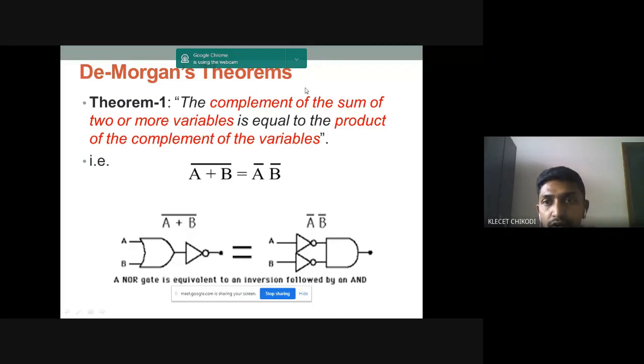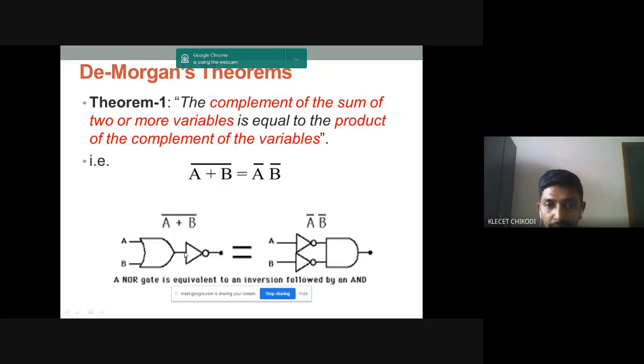What they have told, the sum of the two variables they have taken using an OR gate. If you apply input to the OR gate here, A and B, we will get A plus B as the intermediate gate output before the NOT gate. Okay, and for the NOT gate we are giving the input as A plus B. So whatever the input you are giving, the complement of that will be at the output of the NOT gate.